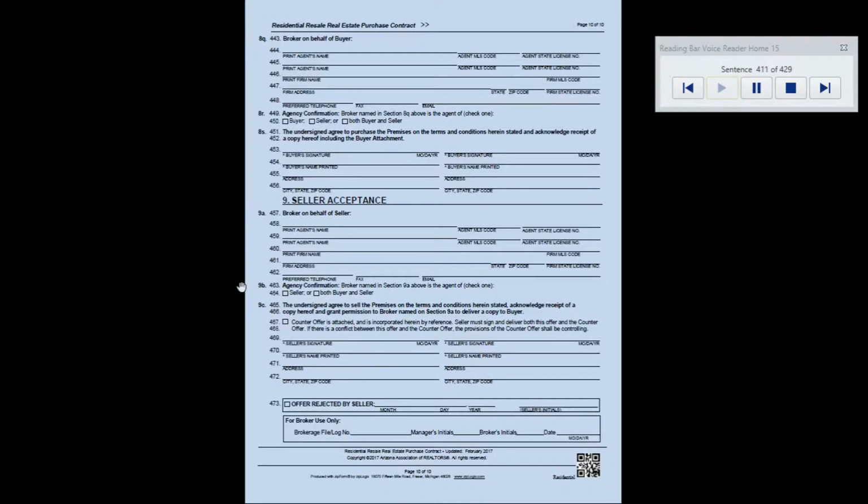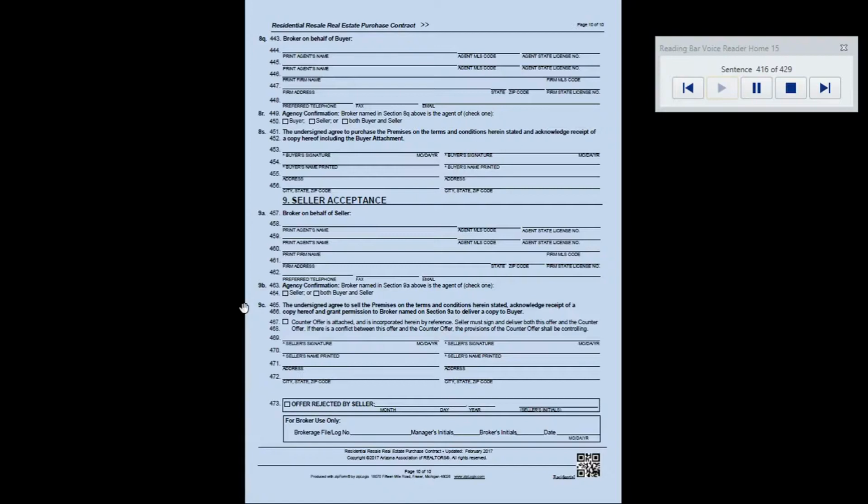Agency confirmation. The broker named in Section 9A above is the agent of, check 1. Seller, or both the buyer and seller. 9C. The undersigned agreed to sell the premises on the terms and conditions herein stated, acknowledge receipt of a copy hereof and grant permission to broker named in Section 9A to deliver a copy to buyer.